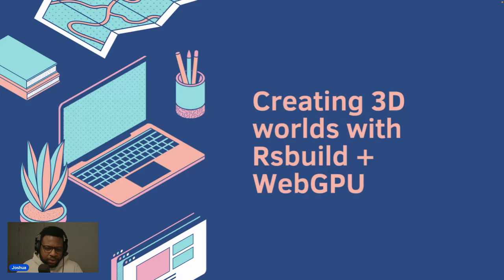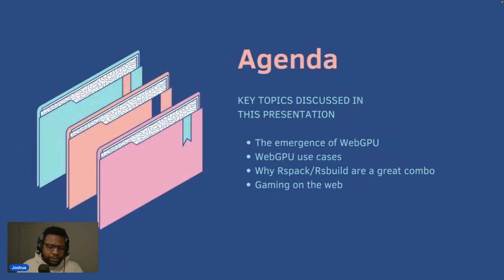So let's talk a little bit more about the agenda. We'll talk about the emergence of WebGPU, where it came from, some other use cases, and then why the RSPack ecosystem leading into RSBuild is a great combination for the future of WebGPU and the future of AAA gaming, possibly. We'll see how this goes.